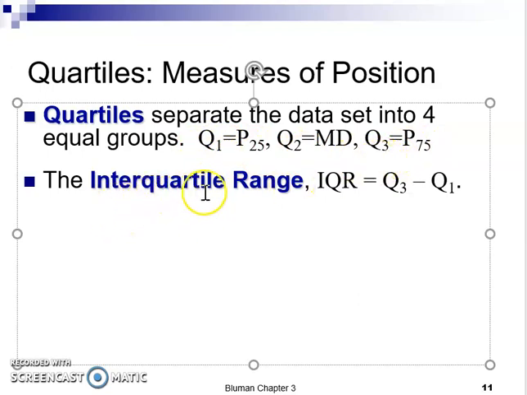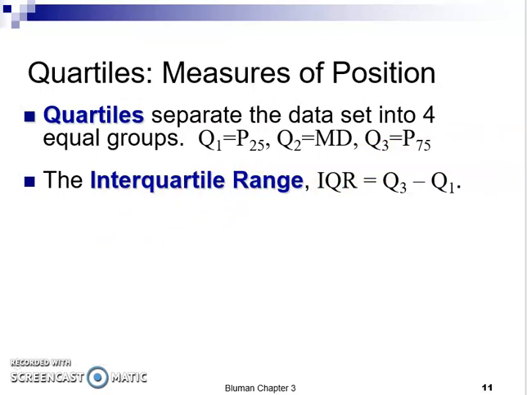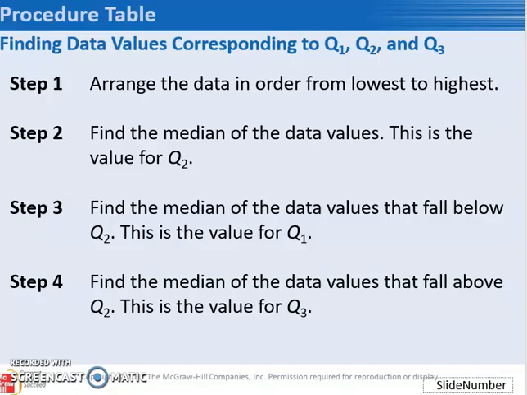Another little definition we need to add to our notes is the interquartile range. Like range is the difference in the min and the max, the interquartile range is the difference in quartile 3 and quartile 1. So we're just going to subtract those two and get a single number for the interquartile range.